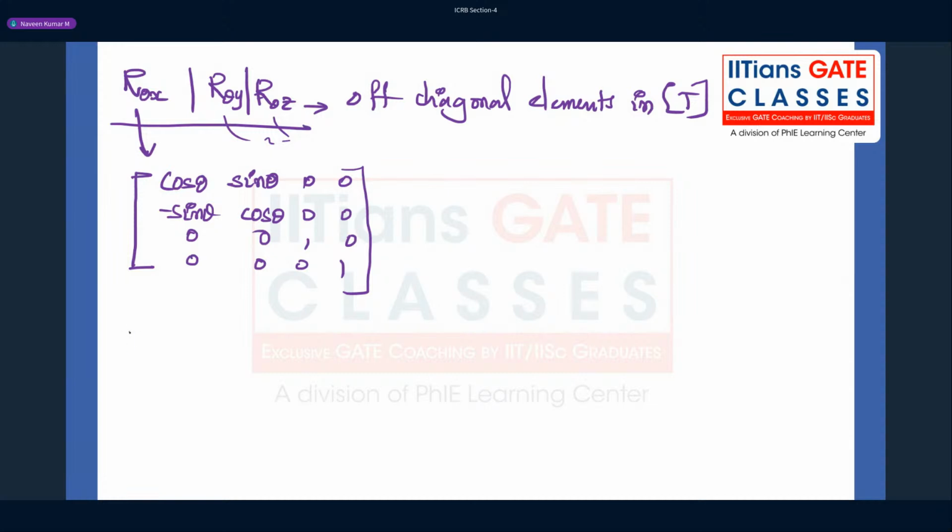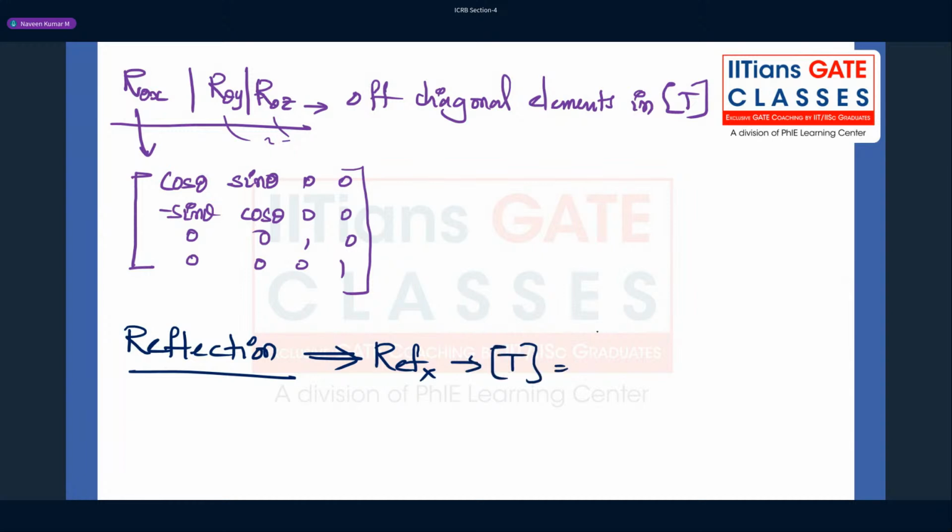And for reflection, right? Reflection, what is that? It's kind of a mirror image. Here, let's say if we are having reflection about x, then your T matrix will be, I'll write directly, x will be minus 1 1 1 1, and the rest are all zeros, 0 0 0 0 0 0 0 0 0 0 0 0, like this.